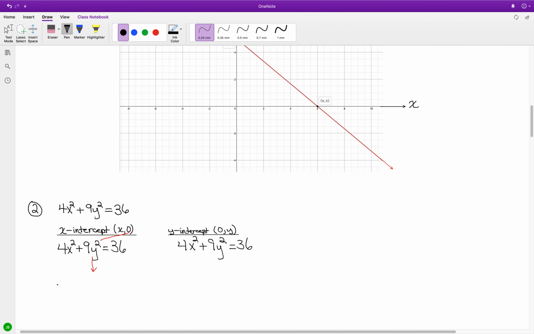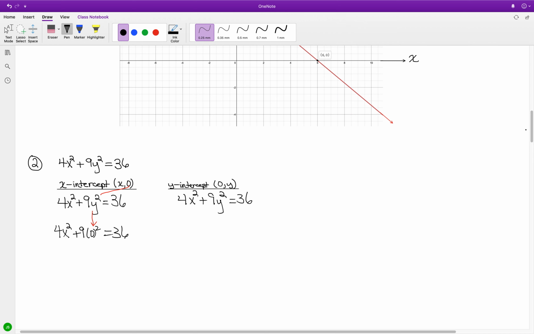In the rewrite, we have 4x squared plus 9 times the square of 0, which is negligible. So 4x squared is equal to 36. If I divide both sides by 4, we have x squared is equal to 9.